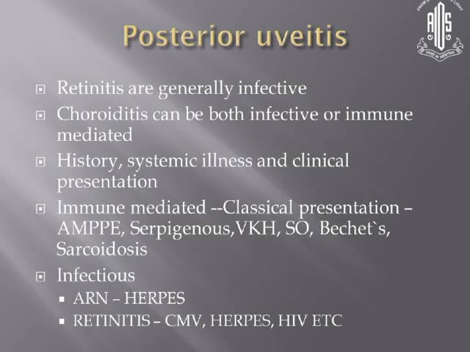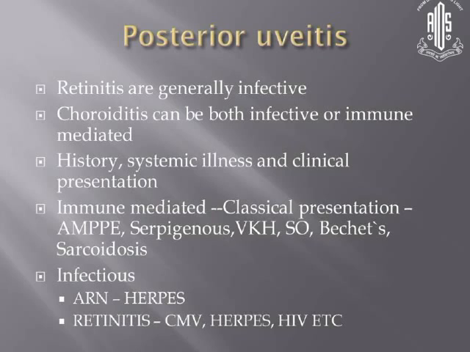In posterior uveitis, one should try to differentiate whether this is primarily a retinitis or a choroiditis, because retinitis is generally infective and choroiditis can be both infective or immune mediated. Always take a detailed history of symptoms and then of systemic illness and clinical presentation.